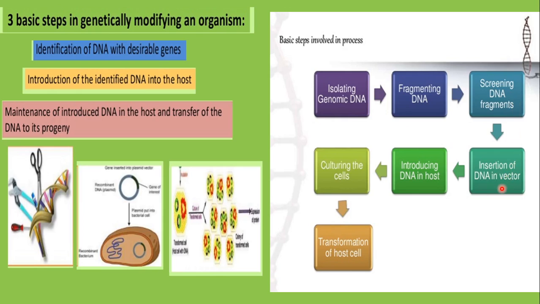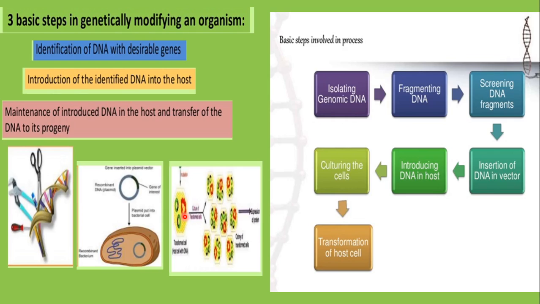Then insertion of the DNA in a vector. The vector will be the intermediate which will help in transferring the DNA into the host. Then introducing the DNA in the host, and finally growing those host cells, and then transformation of the host cell. So the host cell will be transformed, generating a new product which it was not generating earlier. So these are the basic steps involved in genetically modifying an organism.